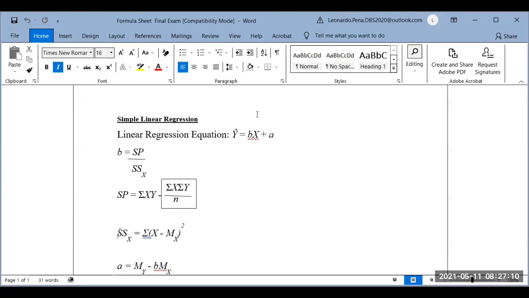But the rest is completely out of the picture. It's not here. So the formula should be like SP equals sum of X times Y minus sum of X times sum of Y divided by N. That's what you should be able to hear, but the only part you hear is X, Y dash.